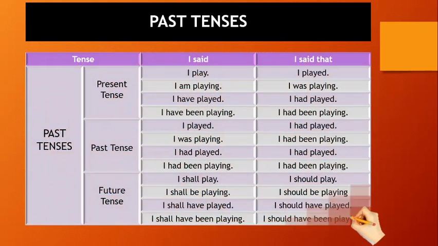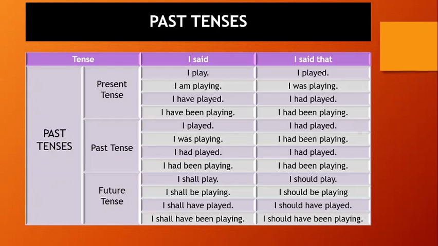As you can see, again, we are talking about the reporting verb, which is in past tense, the big past tense, and then the reported speech. The three tenses it may appear in: present, past, and future. So, I said, comma, quotation, in direct speech: I said, "I play." Note, simple present tense, I play. When we are converting into indirect speech, it becomes: I said that I played.